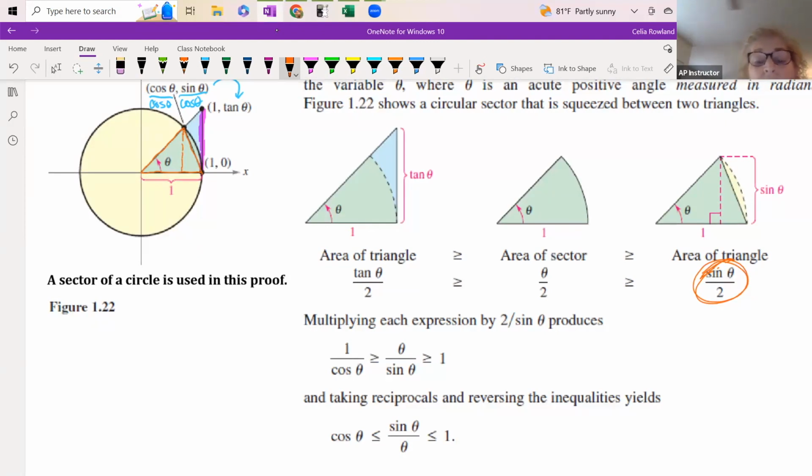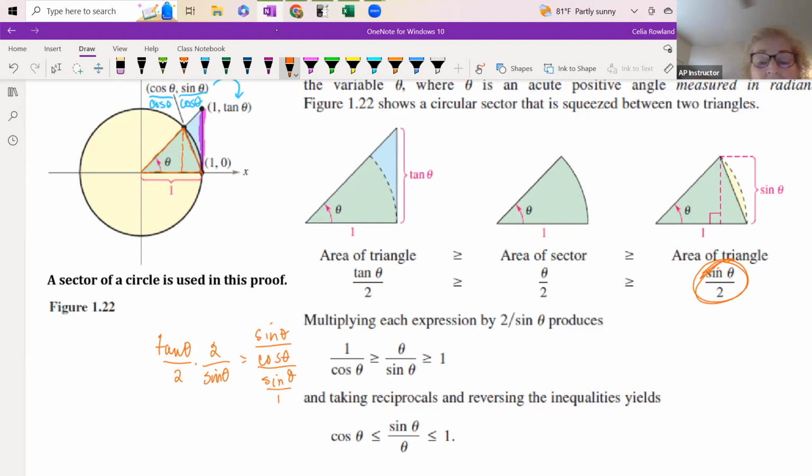That's going to give me 1 over cosine, okay? So if I have tangent theta over 2, and I multiply by 2 over sine of theta, this is sine over cosine, and then this is sine over 1. Keep, change, flip, you're ending up with 1 over cosine.